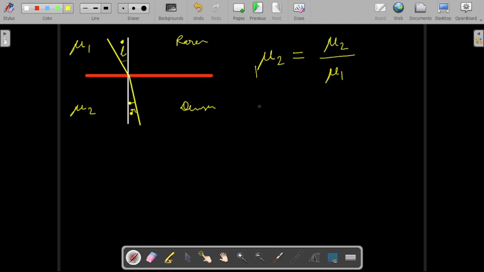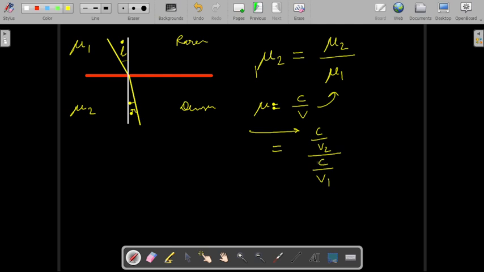Because we have the relationship that absolute refractive index mu equals c upon v, where c is the velocity of light in air or vacuum and v is the velocity of light in that medium, replacing this value we will have c upon v2 divided by c upon v1.